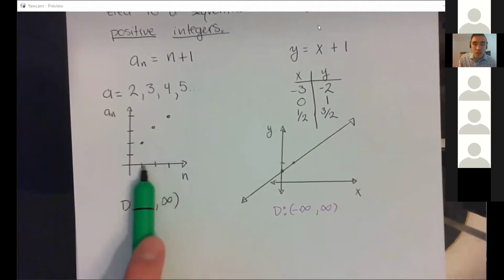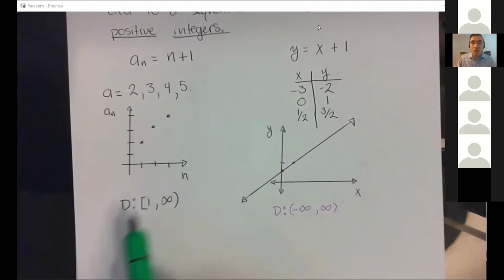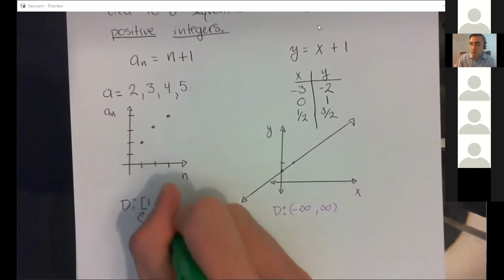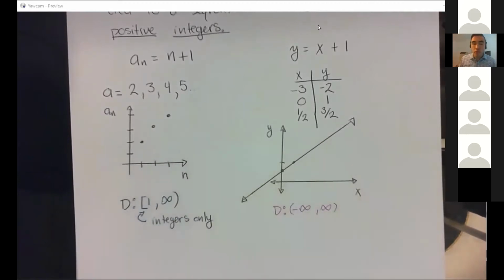Am I plugging in any of the numbers in between? Oh, no. This sequence does not exist off integer values. It does not exist at the half. So not only is the domain 1 to infinity, it is integers only on the gap from 1 to infinity.